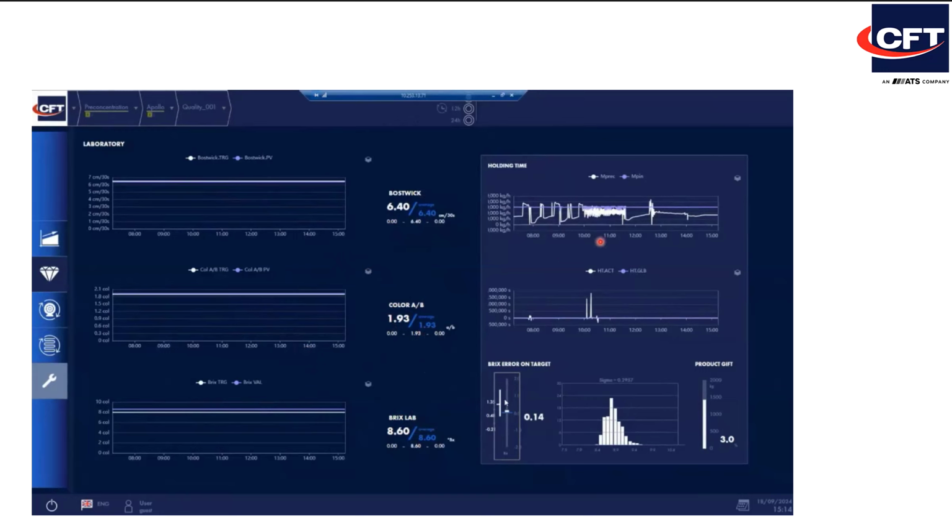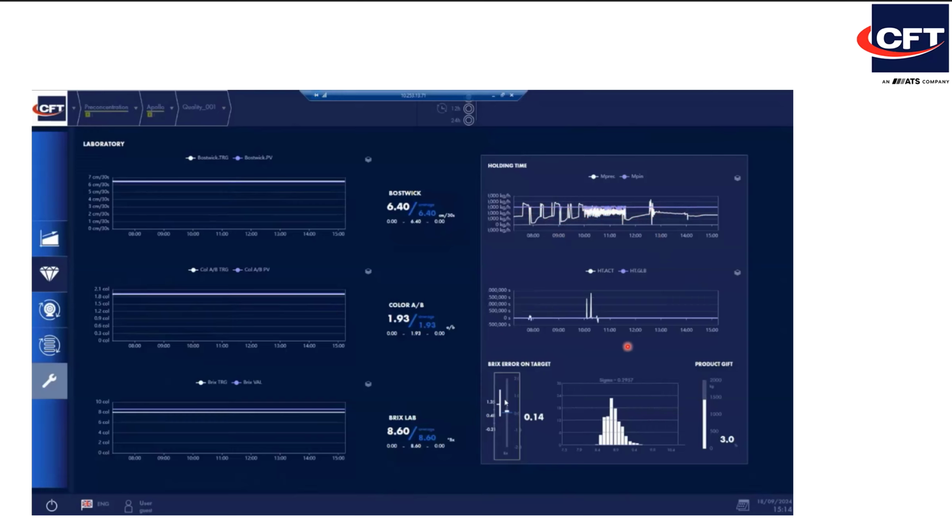On the right-hand side, we have an insight of the mass of product delivered to the plant and the holding time that we had through the line, combining the mass flow rate and the recirculation.